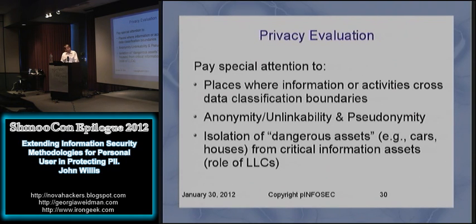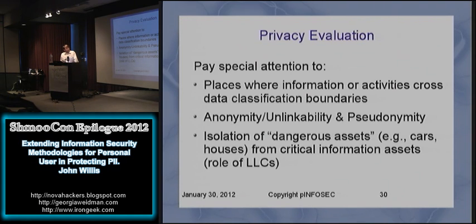When you're evaluating all this information, you want to pay special attention to information or activities that cross data classification boundaries. Like I said, you might be required to bundle information to go to some destination, but what you thought you were going to be able to maintain control of, all of a sudden you've lowered its classification or made it more exposed.